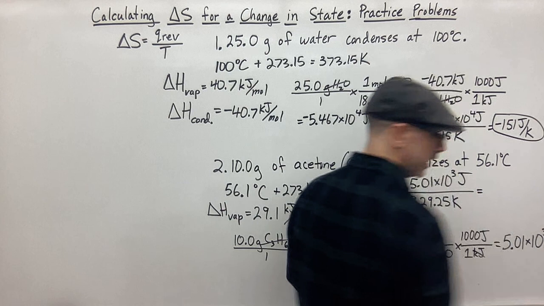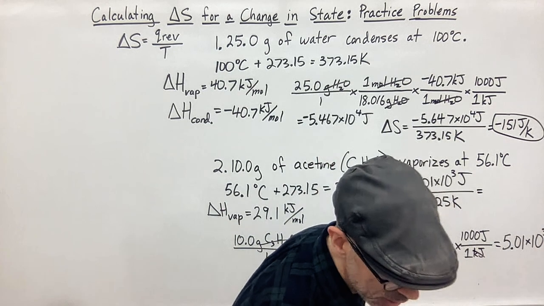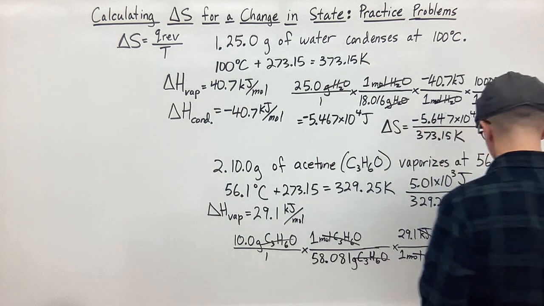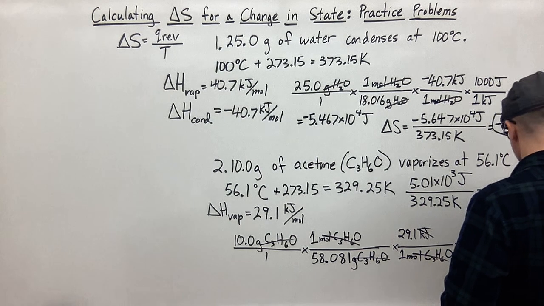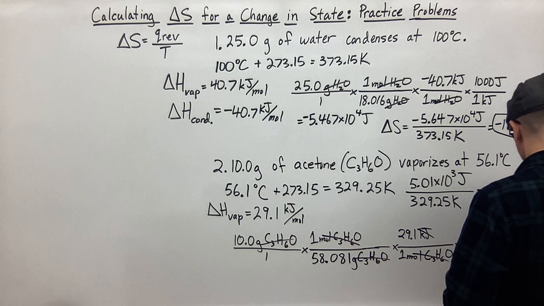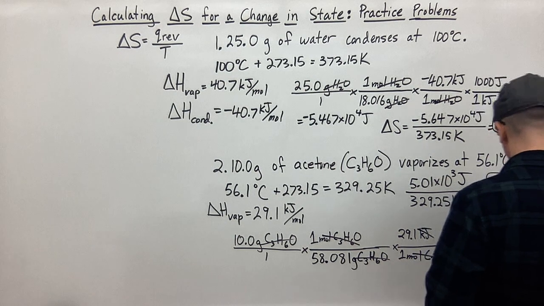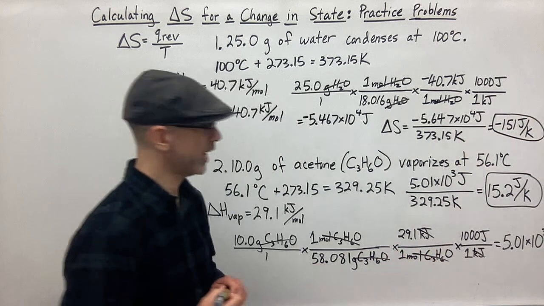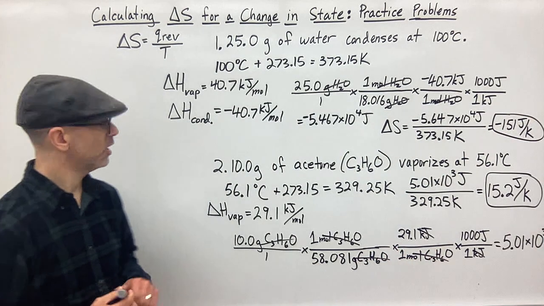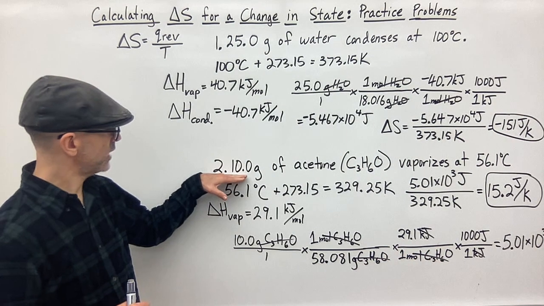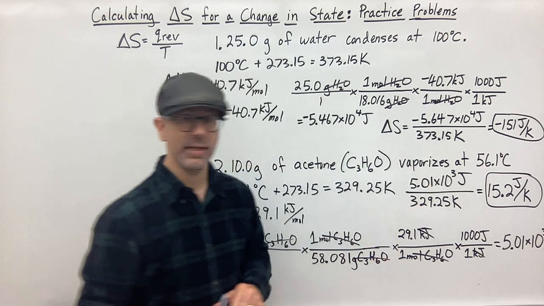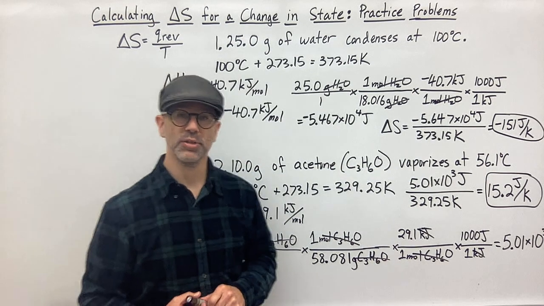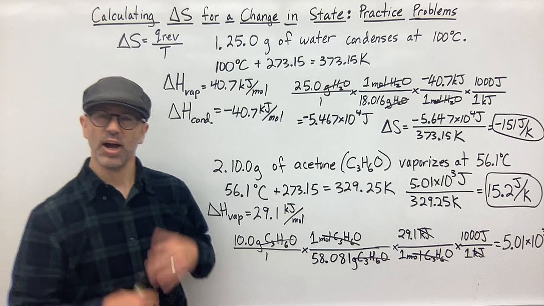And that will give us 15.2 joules per Kelvin. So that is the change in entropy when we take 10 grams of acetone and vaporize it at 56.1 degrees Celsius. So I hope this is helpful.